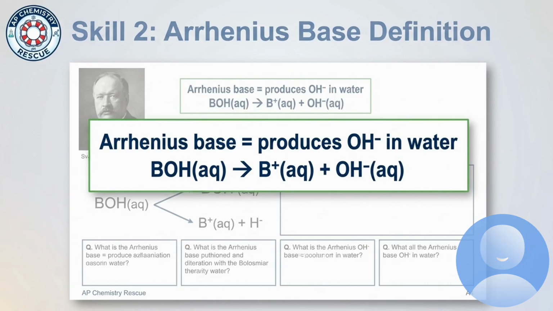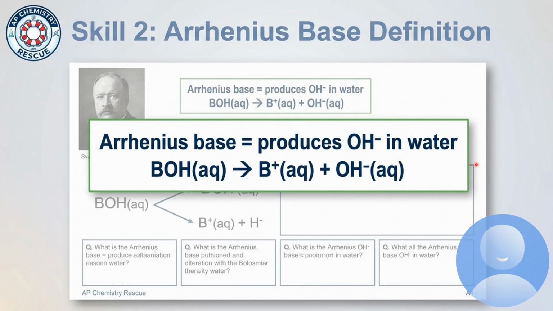Let me give you a real example. Sodium hydroxide, that's NaOH. When it dissolves in water, it splits into Na plus and OH minus. And what else? Potassium hydroxide will give you K plus and OH minus.